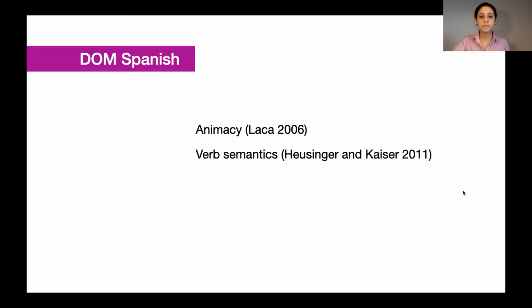Guarani has been in contact with Spanish for 500 years. So, of course, we have to talk about Spanish, which is a presumed donor language. Of course, animacy is a big factor in differential object marking in Spanish.